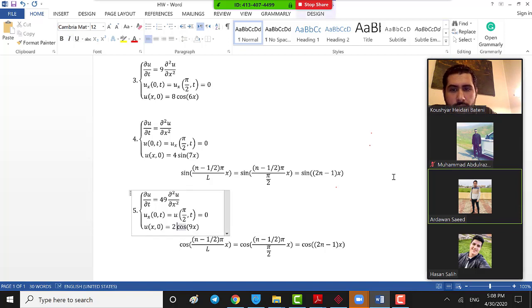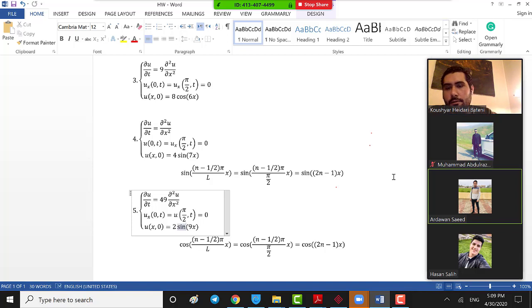No, even if here I write sine, the eigenfunction still is cosine of (2n minus 1)x. Fourth type, actually. The eigenfunction that we find only depends on the boundary conditions.